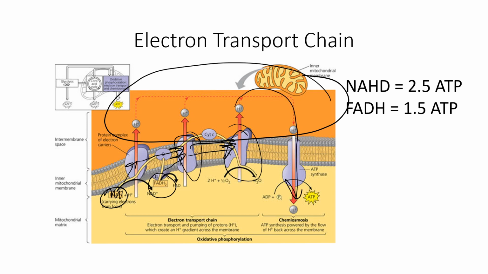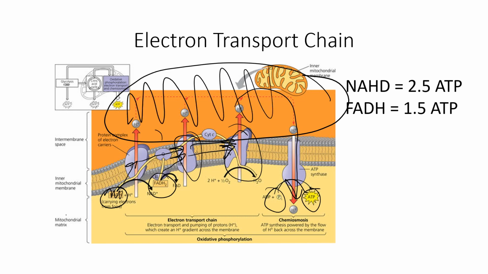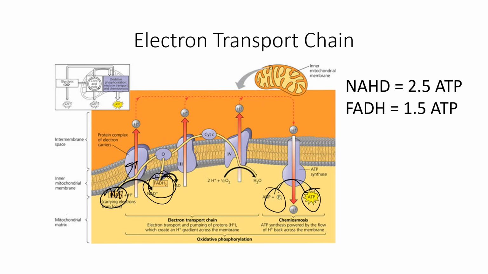Hydrogen ions coming back through ATP synthase causes ATP synthase to rotate and then resynthesize ATP. Okay, if NADH contributes more to this gradient than FADH2 does, then of course NADH contributes to a greater production of ATP than each FADH2 molecule does. So without getting into all the specifics of how many hydrogen ions are pumped by each complex, what I can just tell you is this.